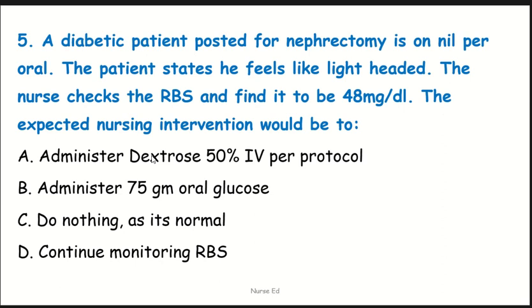Option B, administer 75 gram oral glucose. C, do nothing as it's normal. And D, continue monitoring RBS. And the answer is A, administer dextrose 50% IV per protocol. This question is taken from a previous year question paper.